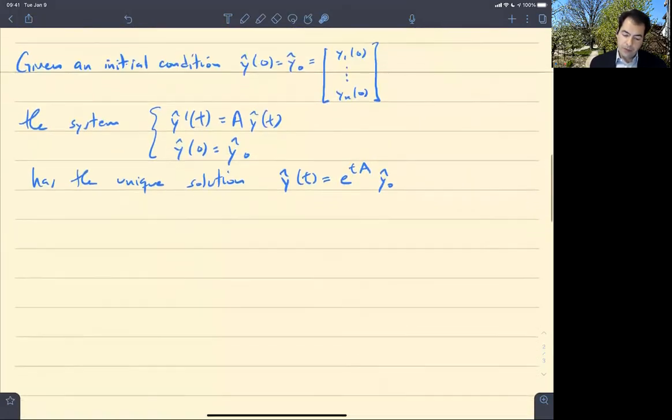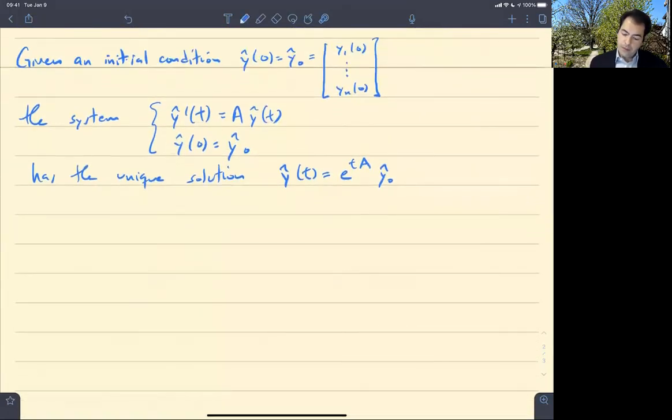Okay, so let's check that this is true. So first, let's recall this matrix exponential, e to the tA. This is the matrix exponential.